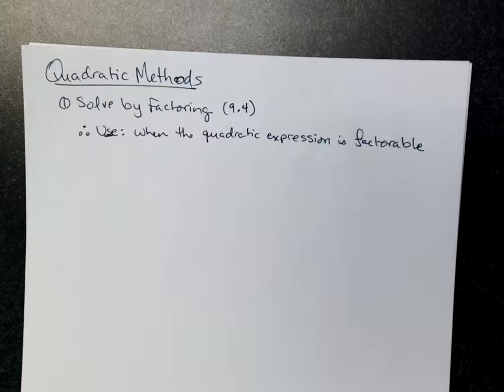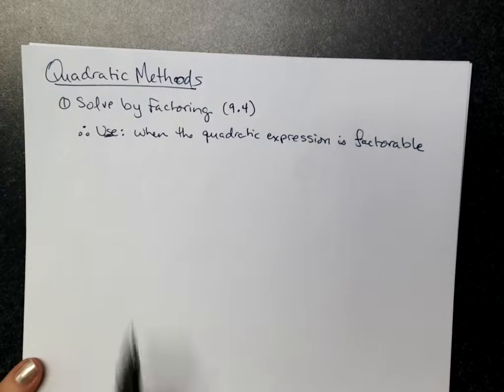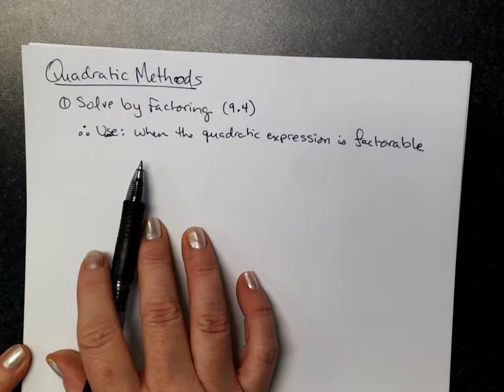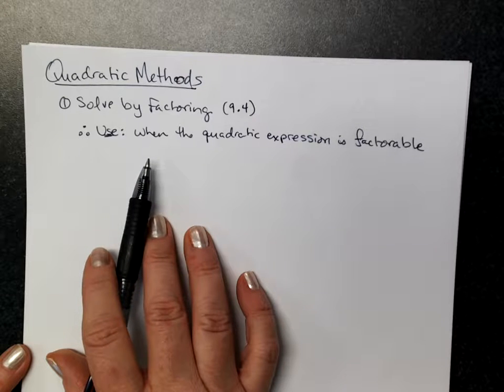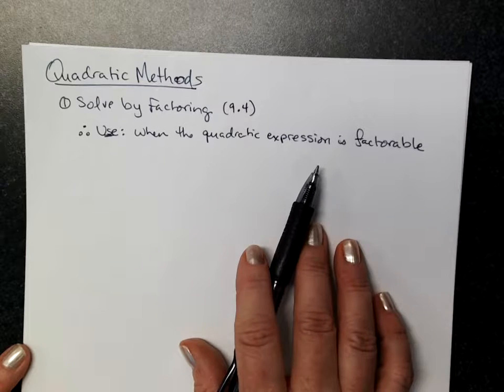So you need other methods if it's not. Now I'm going to put in a little extra here, because there are other methods you can use even when they are factorable. Oftentimes, factoring is the first thing you should ask yourself. Factoring is often the easiest and most efficient way. Some of the factoring you should be able to do in your sleep, like A=1 trinomial or difference of squares or a GCF. Okay? So if it's easily factorable, that should be the most automatic first thing you try.